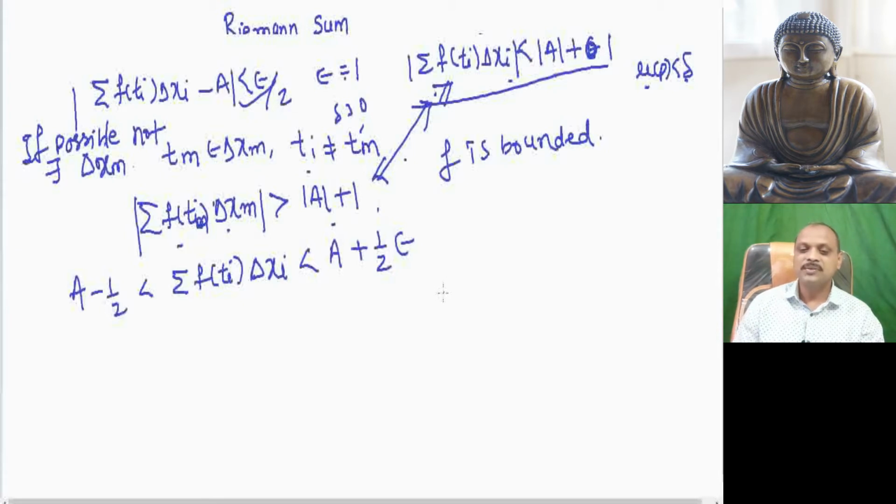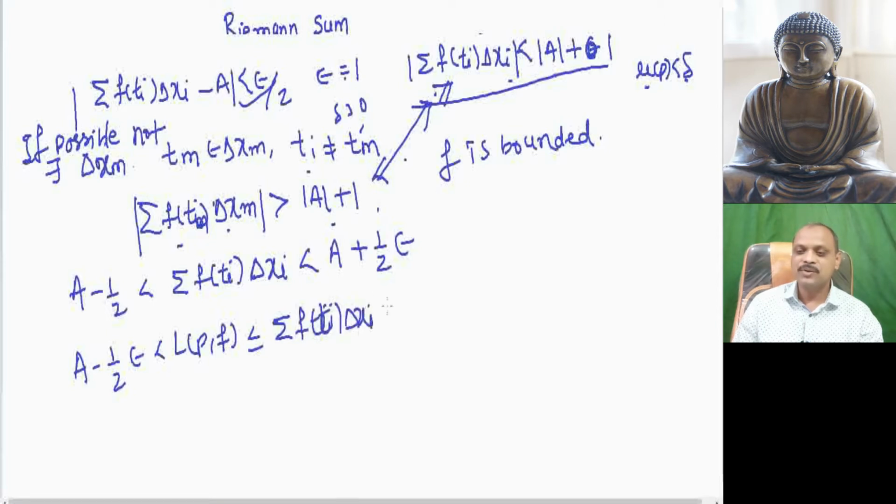But we know that A minus 1/2 epsilon is less than or equal to L(P,f). We know that L(P,f) is less than or equal to the summation of f(ti) Δxi, which is less than or equal to U(P,f), and this is less than A plus 1/2 epsilon.